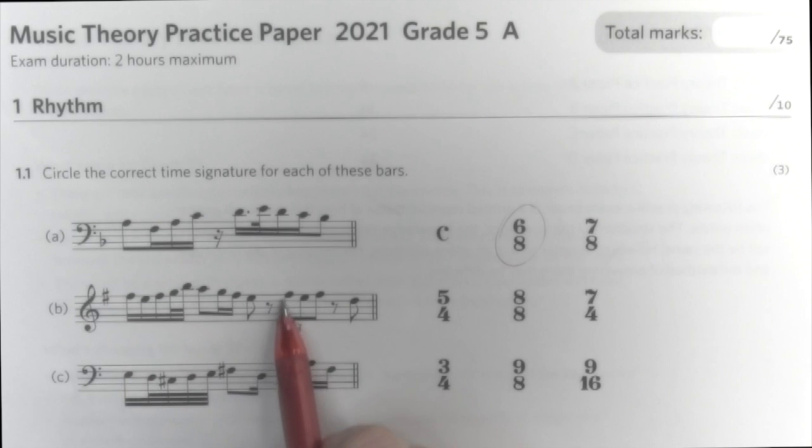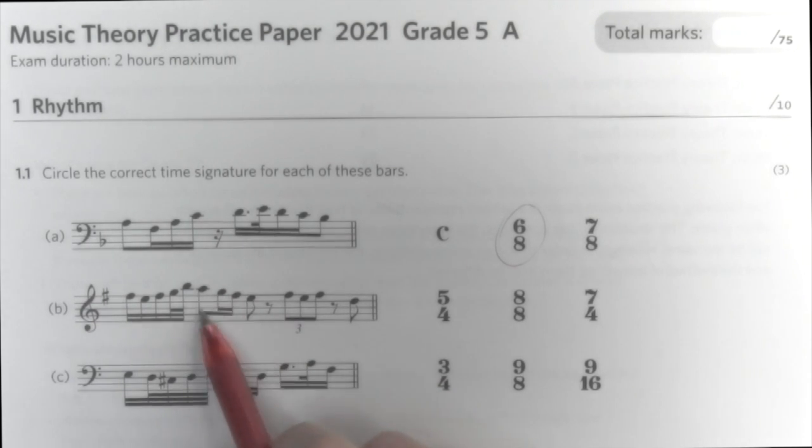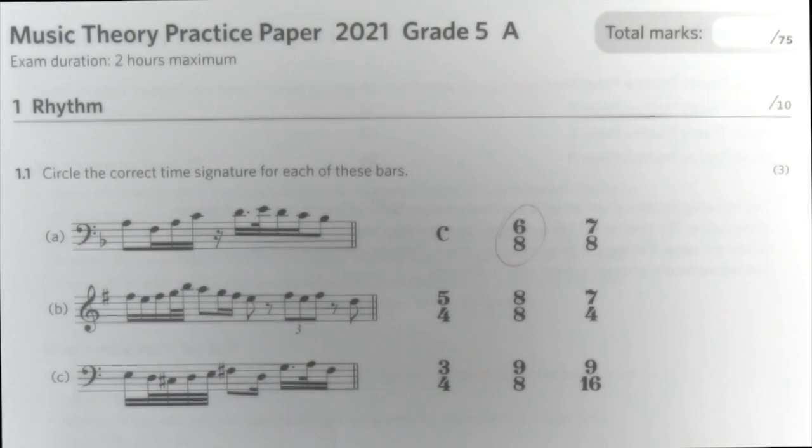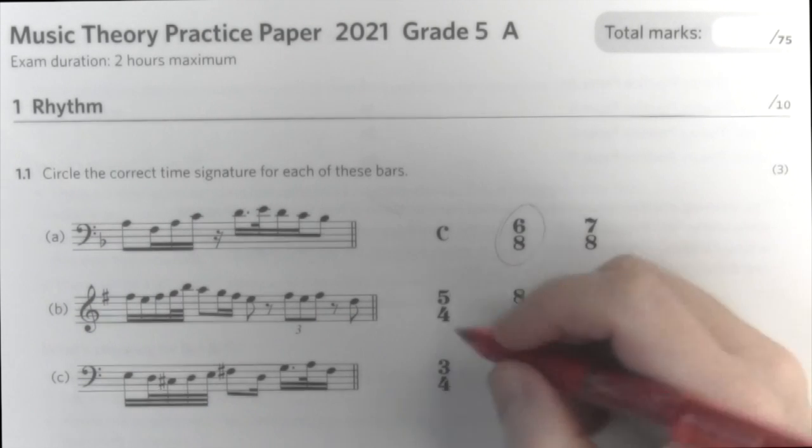So 1, 2, 3, and then I don't really ask myself too many questions. 4 and 5. I just see the grouping, and this is where grouping is important, because by seeing this, we actually see 5 items instead of 7. 1, 2, 3, 4 and 5. So the answer is 5/4.